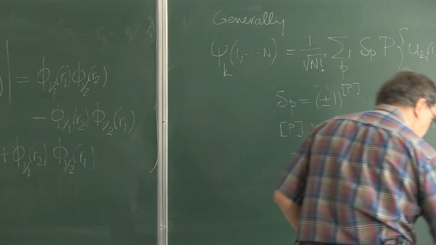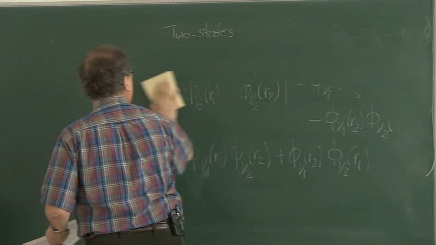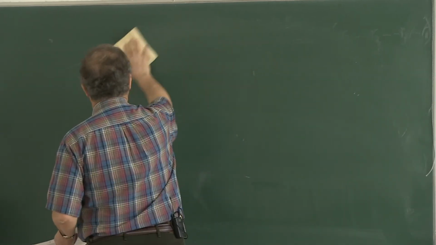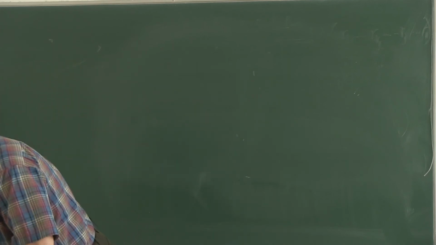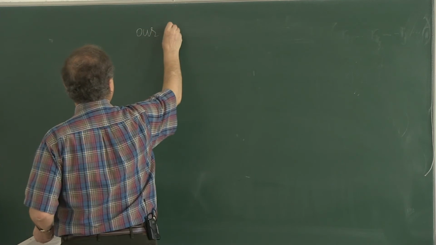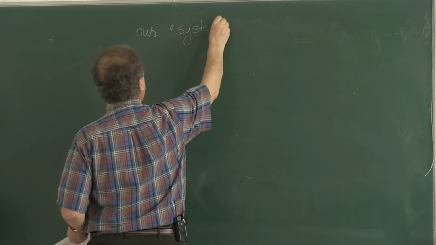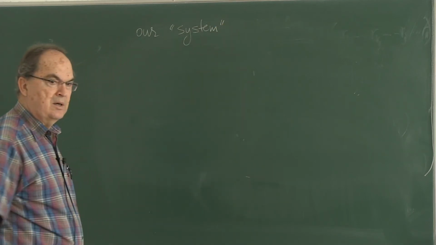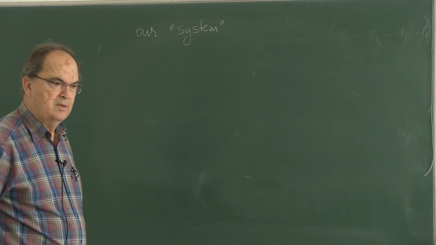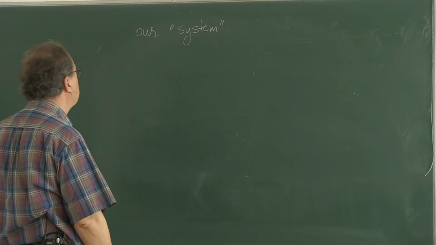Let's consider a system, for which I'm going to use the concept of grand canonical ensemble, which is the grand potential and everything, or Q potential, whatever you want to use.